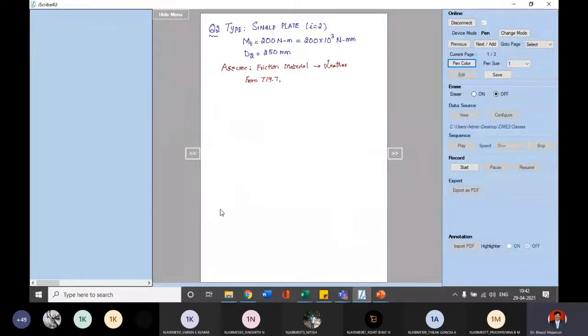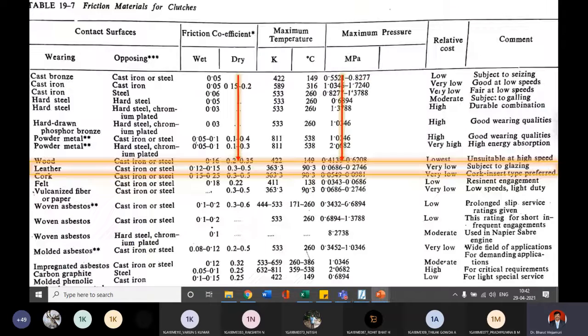So let me come back. I'll write here: dry friction, mu is equal to 0.3 to 0.5, from this table. So how much will I take? I'll take the average value of 0.4. Now come back. What else do we take from table number 19.7?